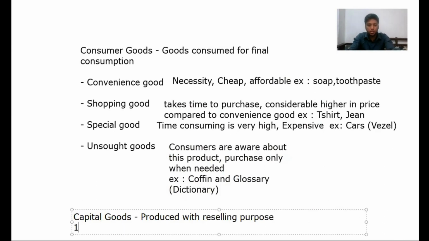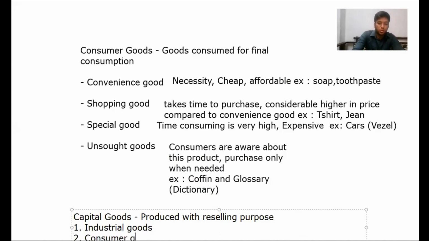Number one, we say industrial goods. And number two, we can write consumer goods. So again, writing this term is very important for you to remember. It will give you marks.